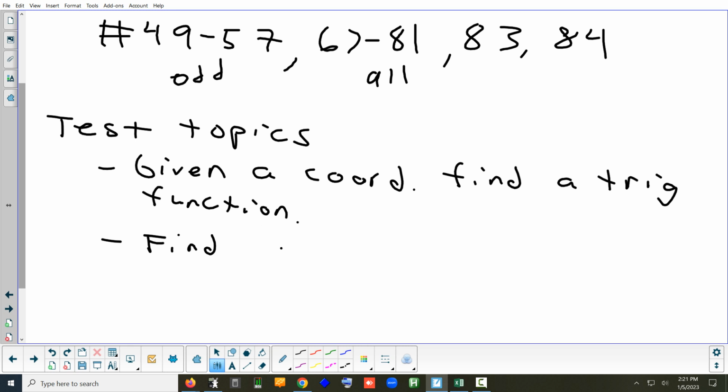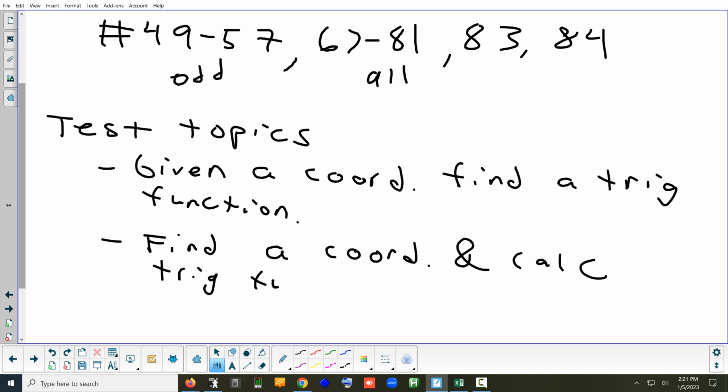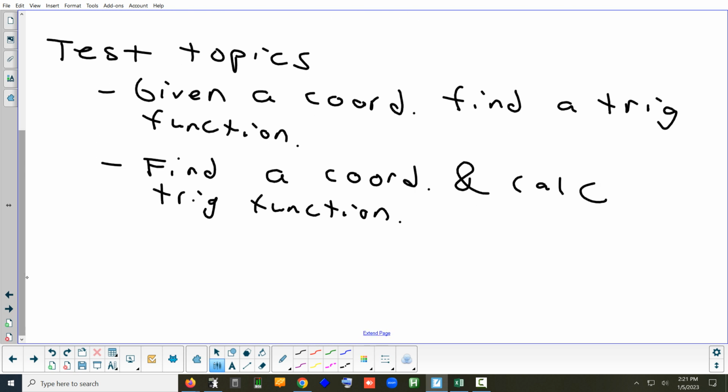Find a coordinate and calculate the trig function. Okay, we did a lot of that today. And the last thing that's going to be on there is use the calculator to evaluate trig functions.